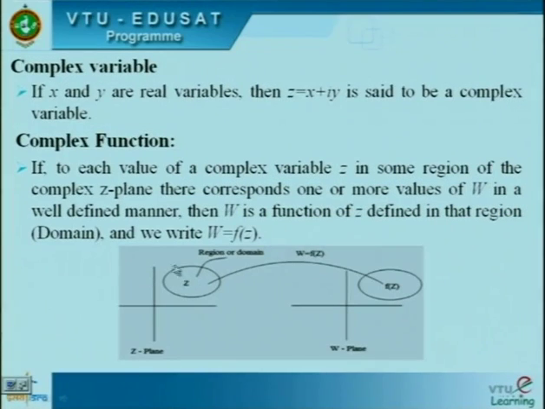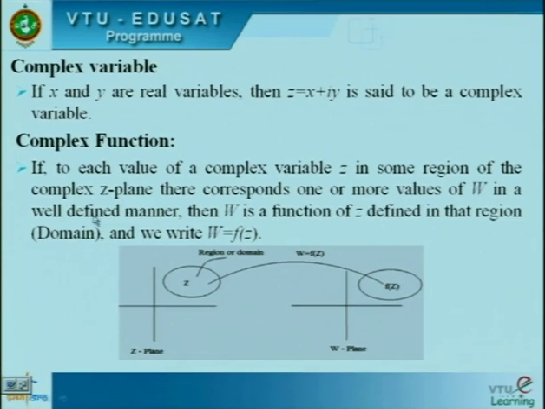Then a complex function we can define like this: if to each value of a complex variable z in some region of the complex z plane, there corresponds one or more values of w in a well defined manner, then w is a function of z defined in that region.